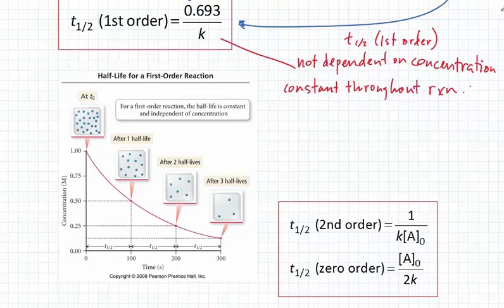These other ones, second order and zero order, we can get those by doing the exact same math, by substituting 1/2 A0 for At. They simplify to these. These ones, however, have to be called initial half-lives.